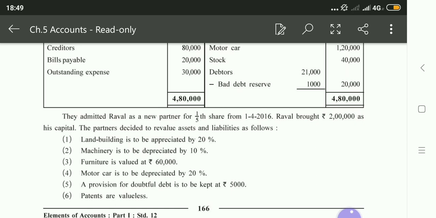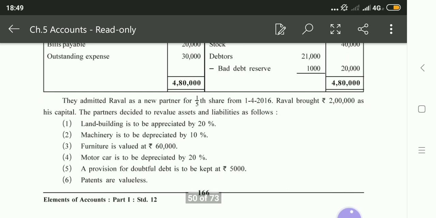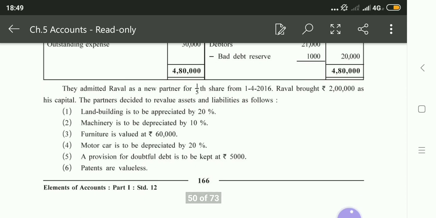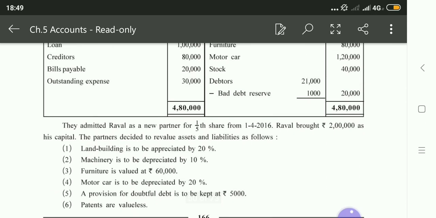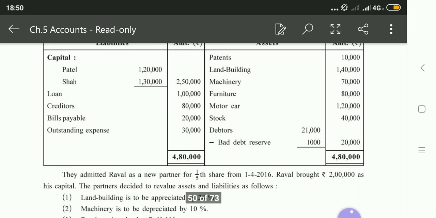That means whenever a firm is making loss, revaluation account is to be debited. So all I can conclude is that the value of land and building here is increasing by 20% compared to the value which is given in the old balance sheet, which is said to be the book value. The value presented in the balance sheet is the book value of an asset or liability.